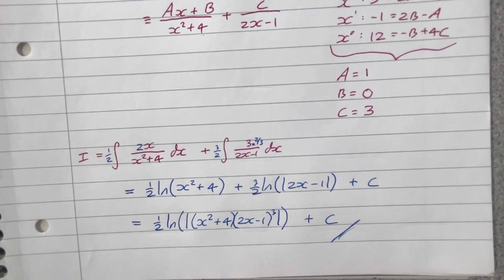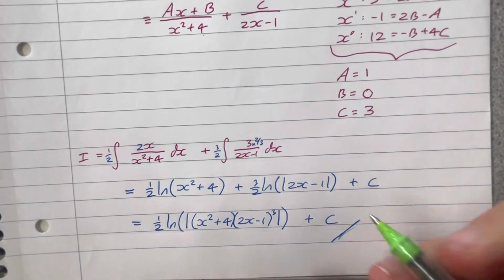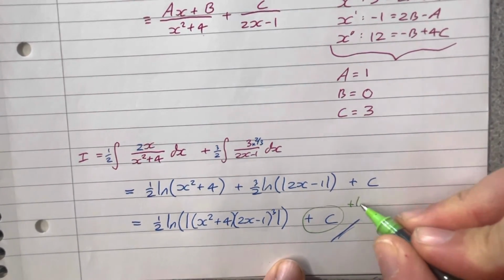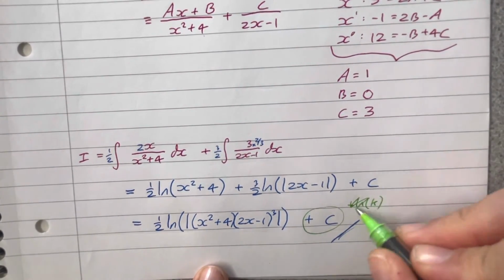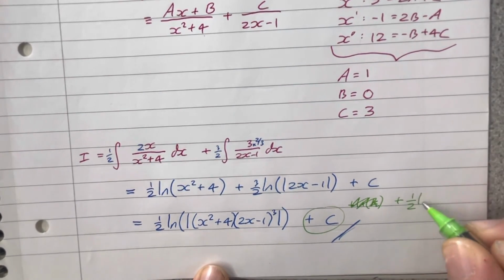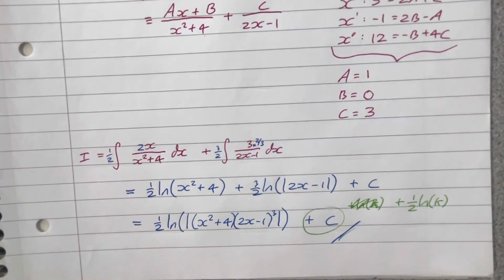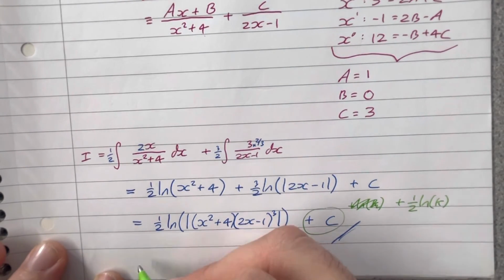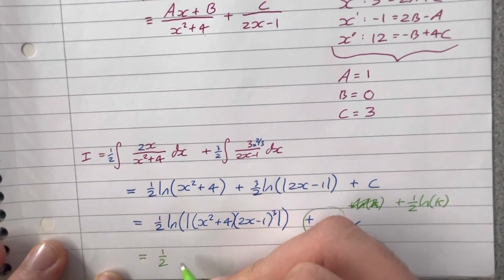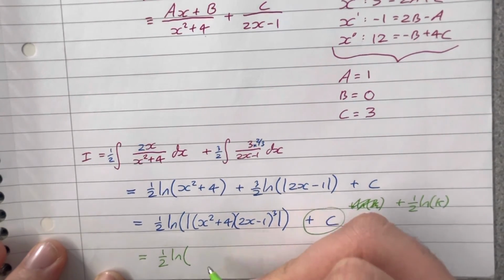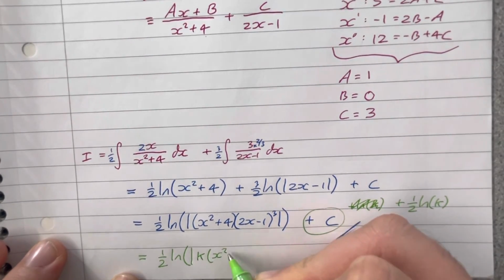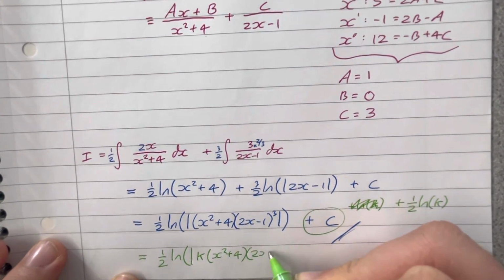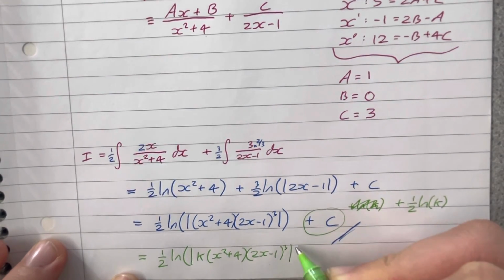What you can do with both of these answers is you could actually write, I'm going to do this in green, you could actually write the plus c as a plus log k instead, and that will allow you to pull it into there as well. In fact, in this case, if I do plus 1/2 log k, again, that's still an arbitrary constant, then I can write my answer even more succinctly and say it's 1/2 times the log of the modulus of some constant k times x squared plus 4 times 2x minus 1 cubed.